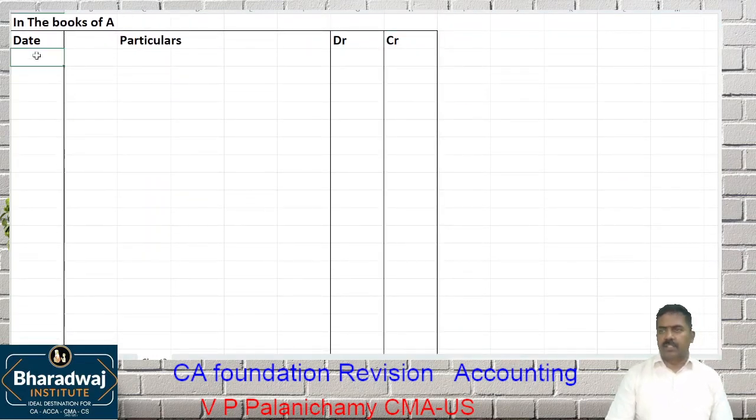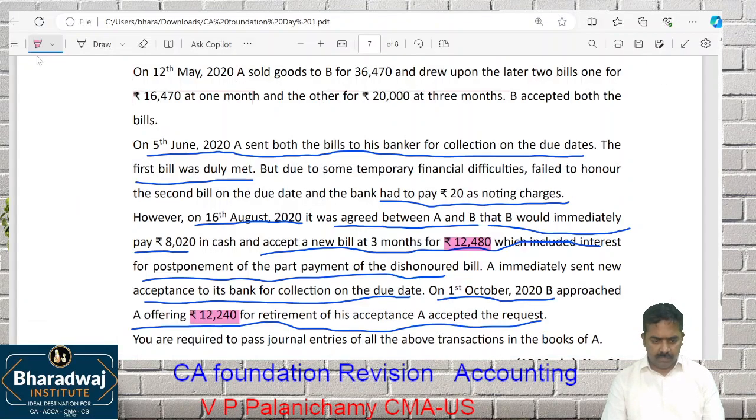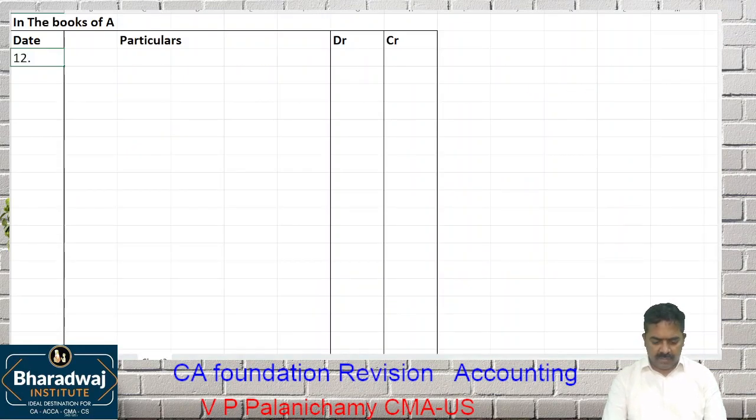When is the first transaction? 12/5/20. What entry will we pass? B account debit to sales account. What is the amount? 36,470. Please do it along with me.